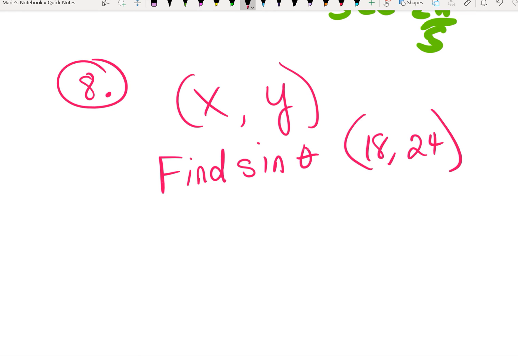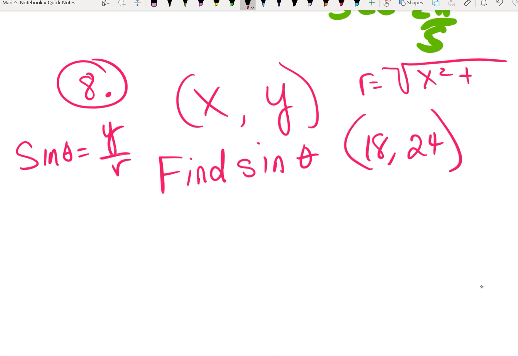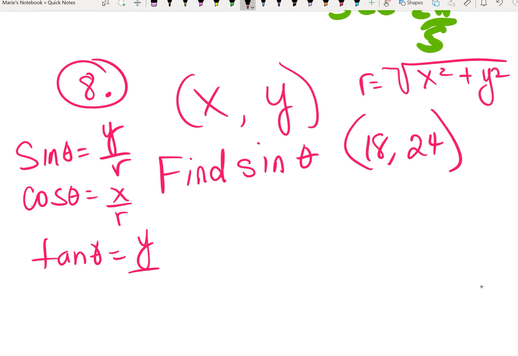If you recall the ratios, sine theta is y over r. We don't know r yet. Just remember that by formula, r is equal to the square root of x squared plus y squared. So finding r is our mission. Just for practice, cosine theta is x over r and tan theta is simply y over x.